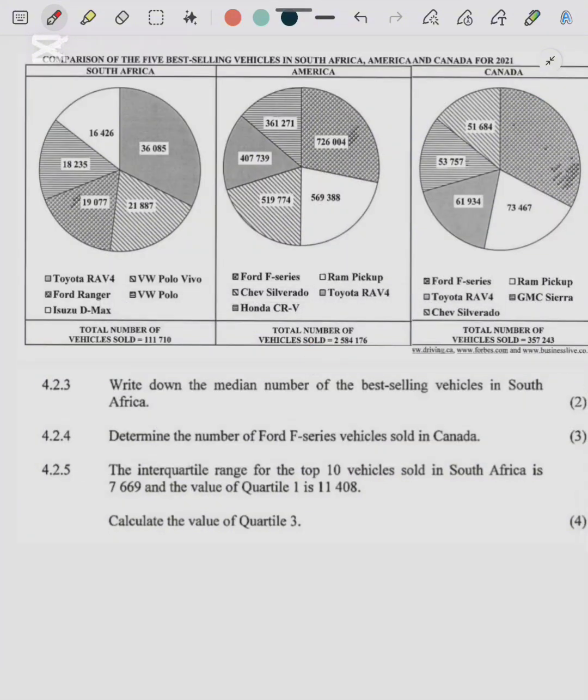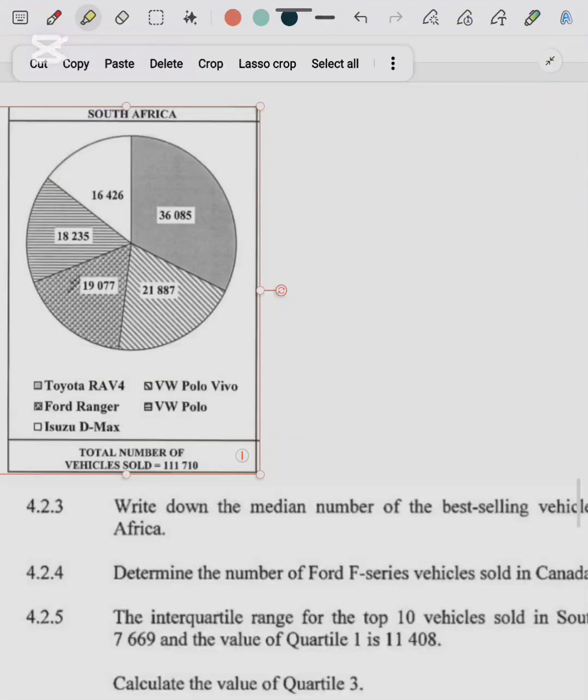Okay, next question. Write down the median number of best-selling vehicles in South Africa. In this case, we are only concerned with South Africa, which is our first column over here. So let me remove the others. They're asking for the median. Remember, when we're doing median, the first thing we need to do is work in numeric order. So we need to rewrite these numbers in order.